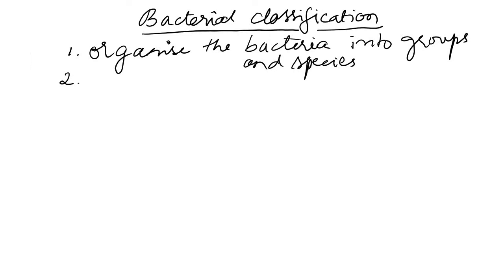The second one is to lay a criteria for this organization. That is, to describe a bacteria in such a way that, based on specific characteristics, you will be able to characterize them, organize them, give them a specific name, and put them into specific species which belong to a specific family, and so on.